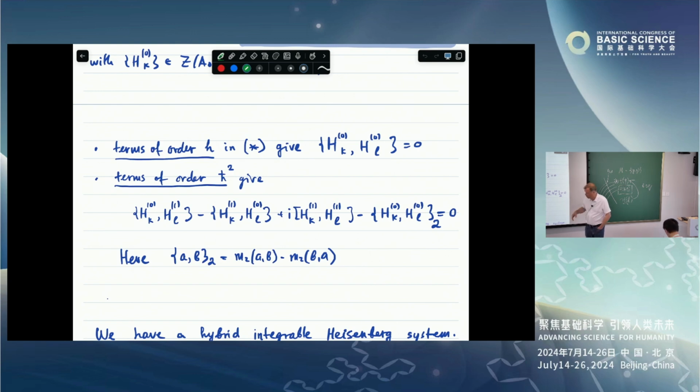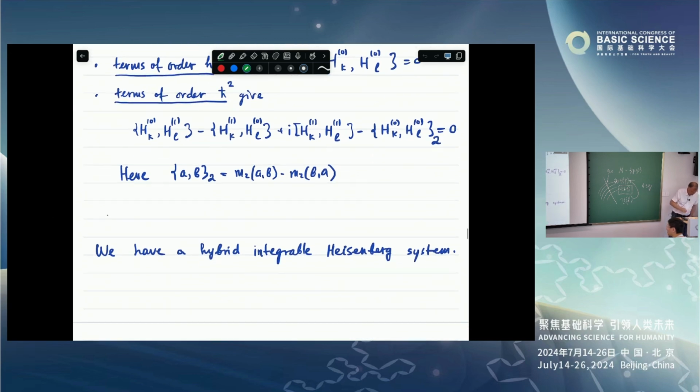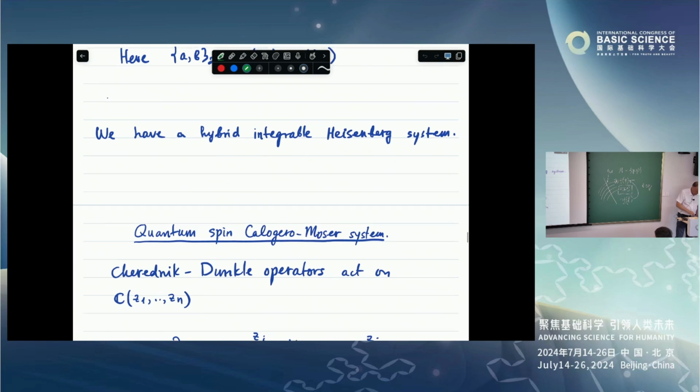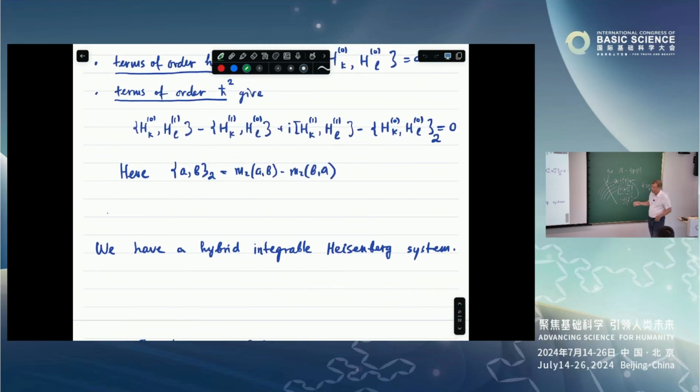And if you think about it in terms of this geometric data, in general it's a sheaf of algebras with connection. So then we have a hybrid integrable system. This is the main structural message, that there is this class of quantum integrable systems that have this funny semi-classical limit.